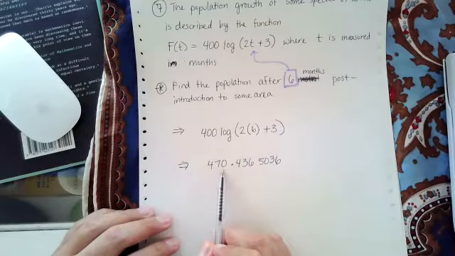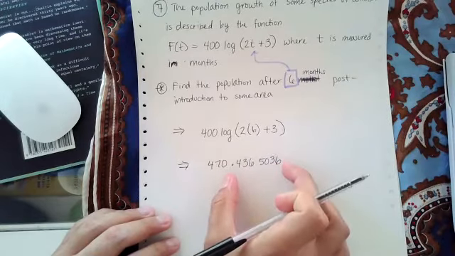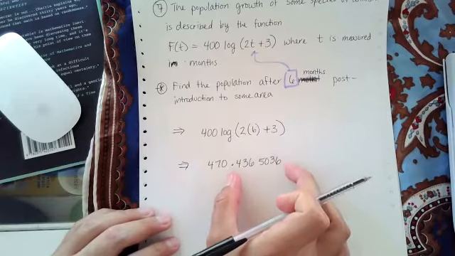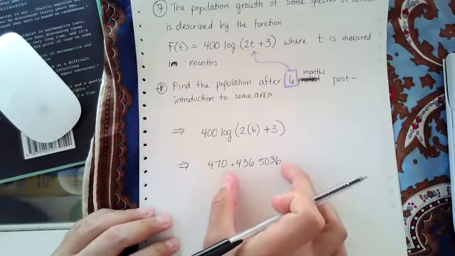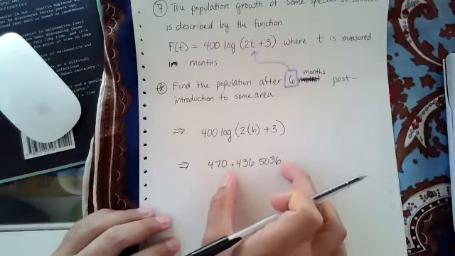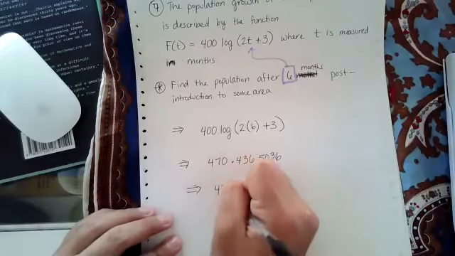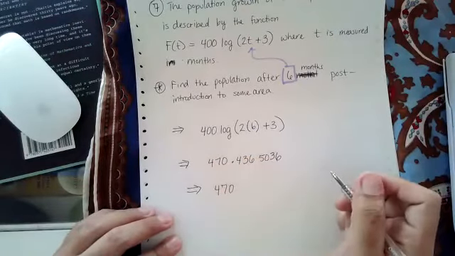But let's say, excluding situations where you are cutting these poor creatures into fractions of an entire creature, can we have 0.43 of an animal? No. So we're just going to say we have 470 whole animals.